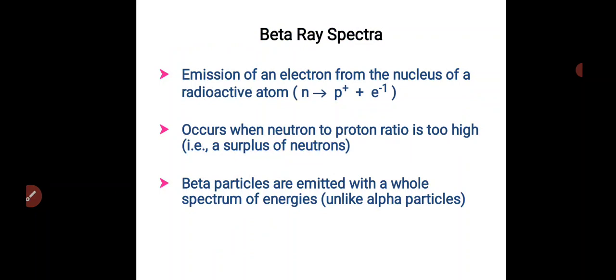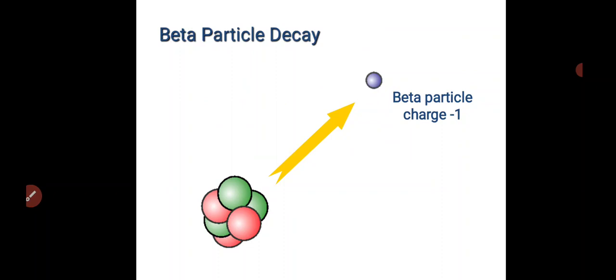When any radioactive nuclide interacts with a neutron, it gives a proton with the emission of electrons. Here there is a surplus of neutrons, which means that when it undergoes radioactive decay, the number of neutrons increases. This is a radioactive nuclide interacting with a neutron, which gives a negatively charged particle.